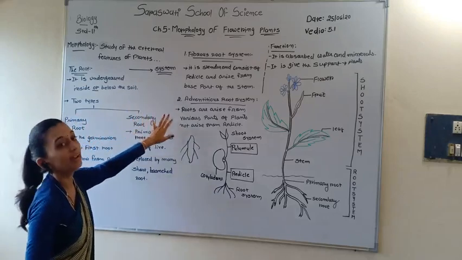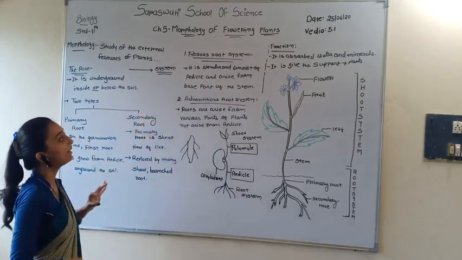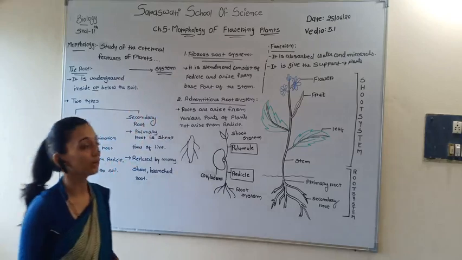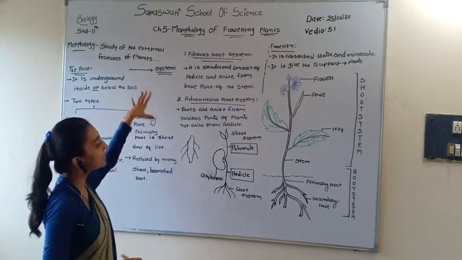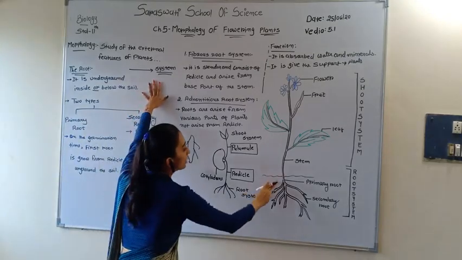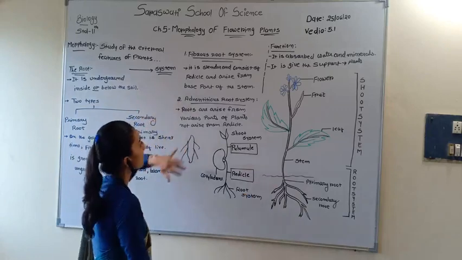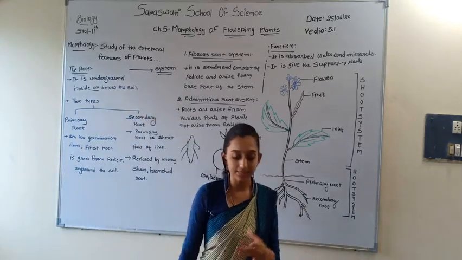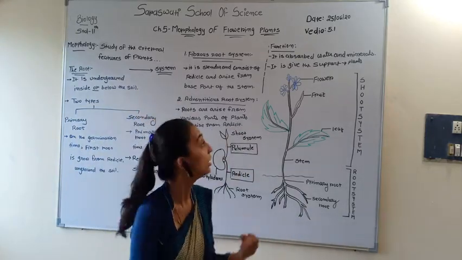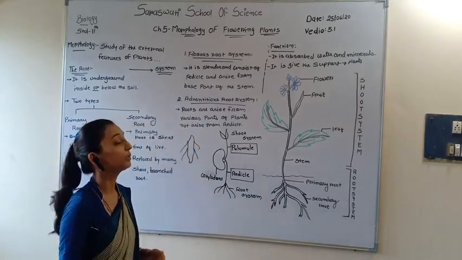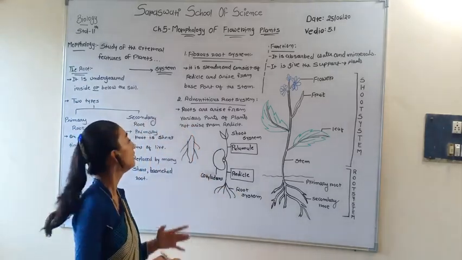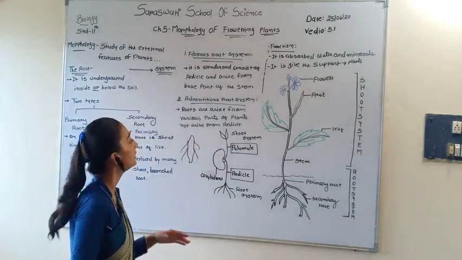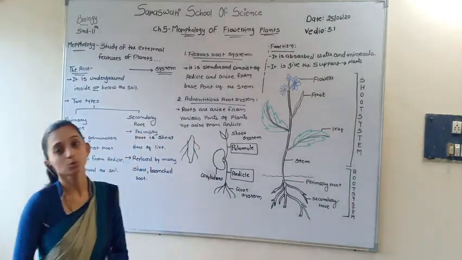Then fibrous root system and adventitious root system. A fibrous root system consists of slender roots arising from the base part of the stem. But in some plants like sweet potato and beets, roots arise from various parts of the plant, not from the radical. It is known as adventitious root system.